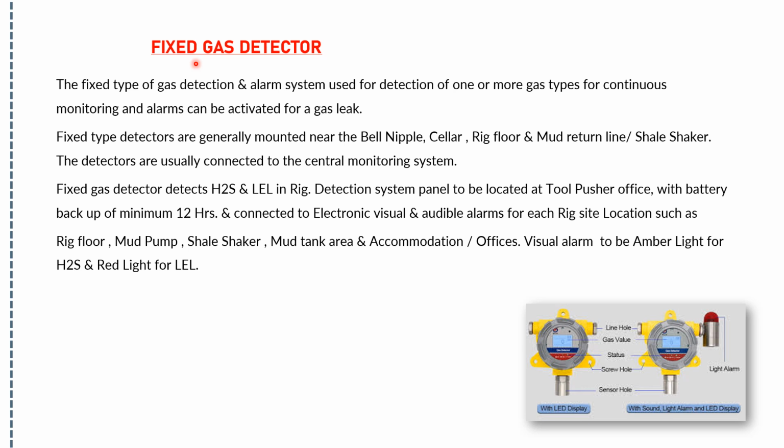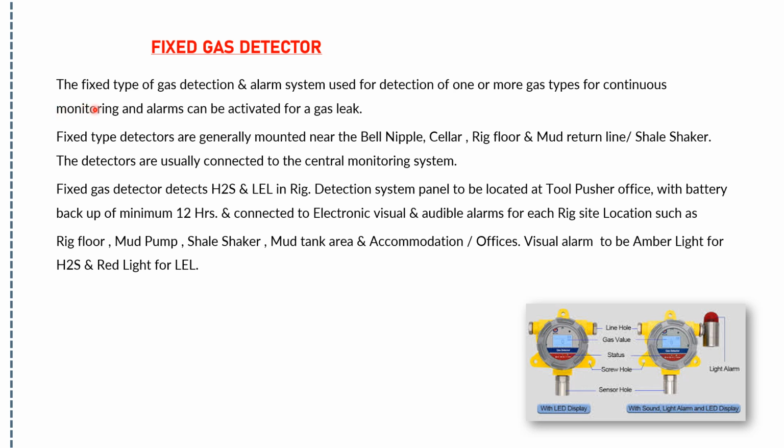These fixed gas detectors are very important in all kinds of industries, especially oil drilling rigs, offshore platforms, and refineries, where there is a chance of a leak of H2S, hydrocarbon gas, for example methane, and it also detects the LEL, lower explosive limit concentration of any combustible gas or vapor.